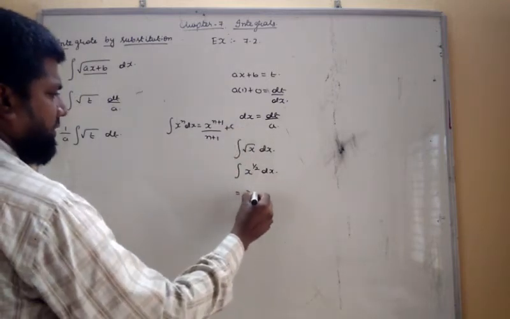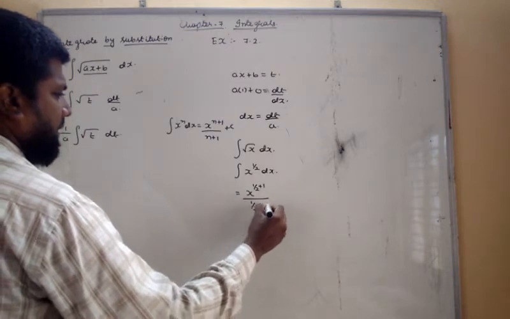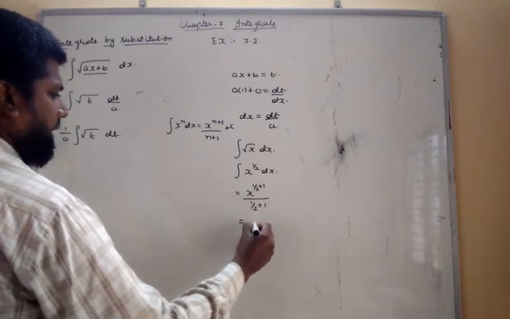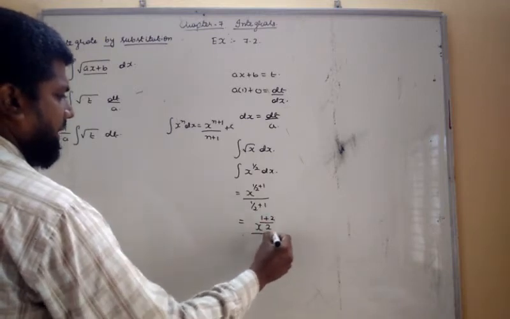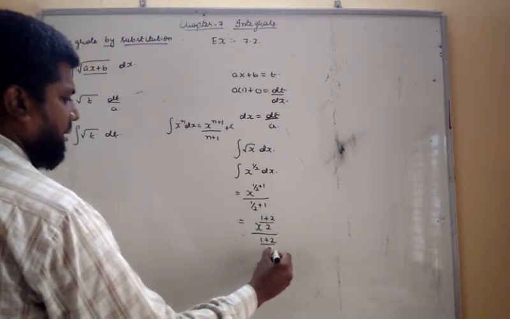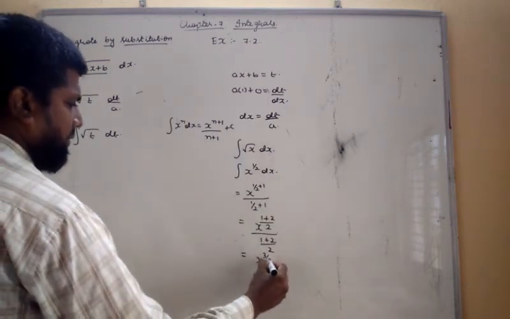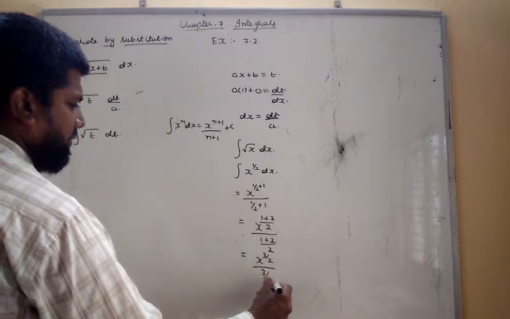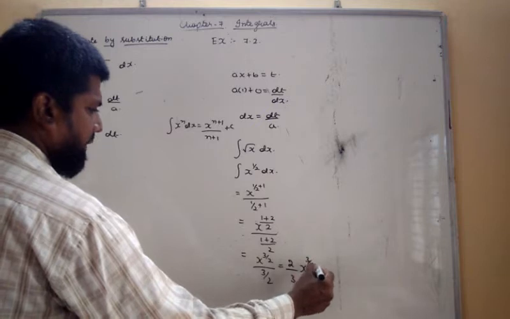If you apply, x to the power of 1 by 2 plus 1 by 1 by 2 plus 1. Here LCM is 2, 1 plus 2 by 2, so you can write it as x to the power of 3 by 2, then 2 by 3, x to the power of 3 by 2 plus c.